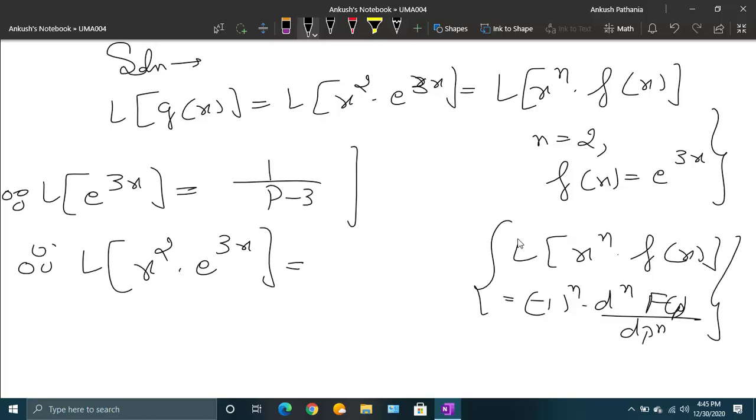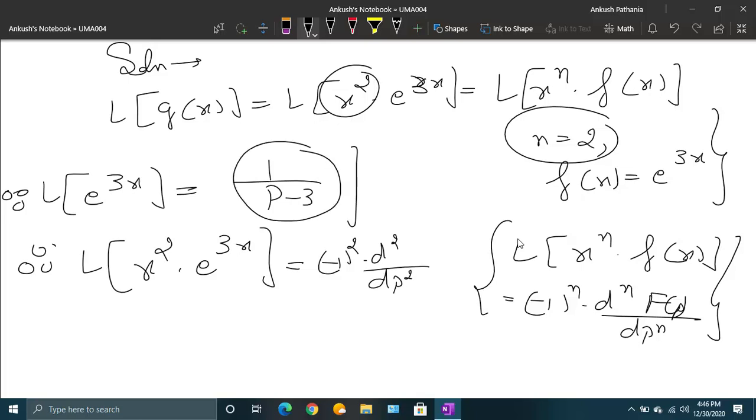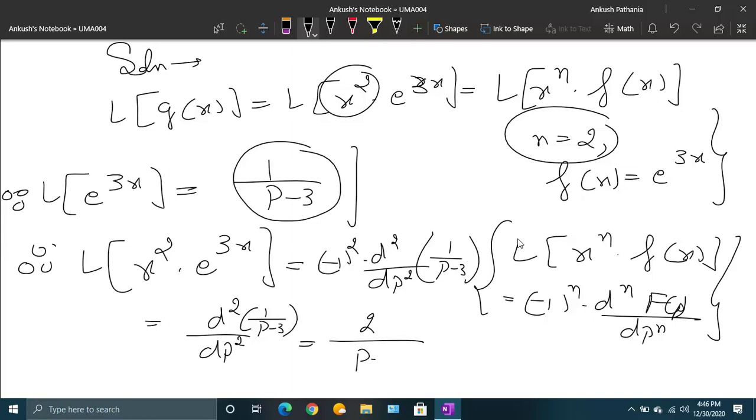Here n is 2, so this will be (-1) whole square times the double derivative of F(p), where F(p) is 1 upon p minus 3. This is d square by dp square of 1 upon p minus 3, and this comes out to be 2 upon (p minus 3) raised to power 3.